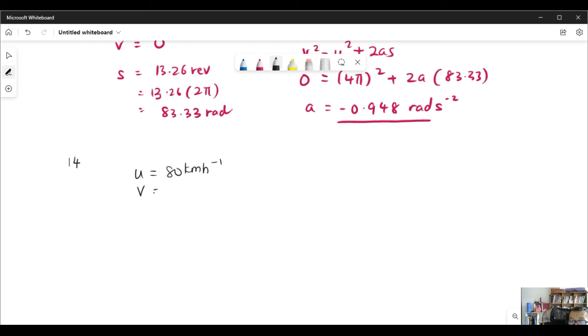Final velocity is 30 km per hour. Number of revolutions is 65 rev. The tire has a radius of 0.4. What is the angular acceleration? So they want to know the angular acceleration.